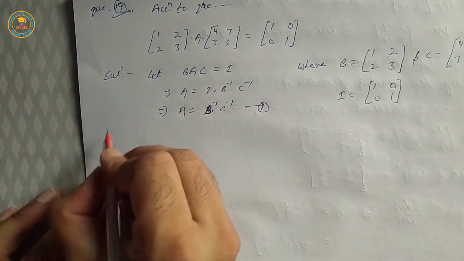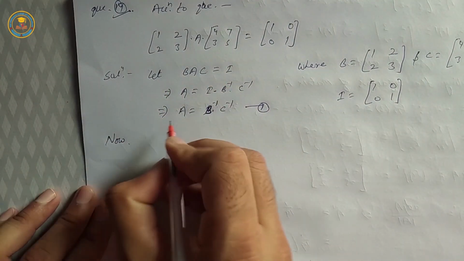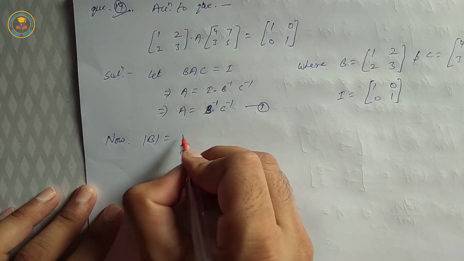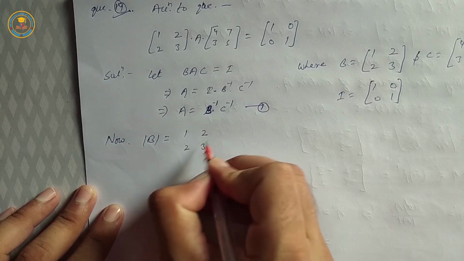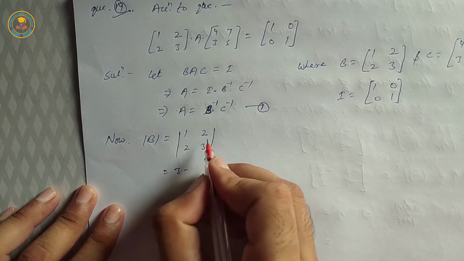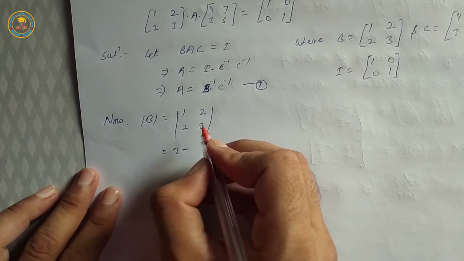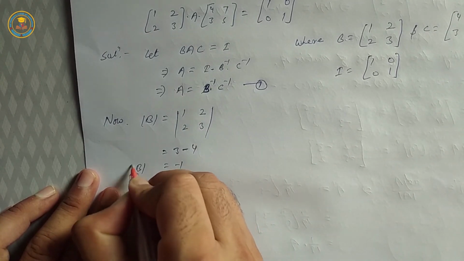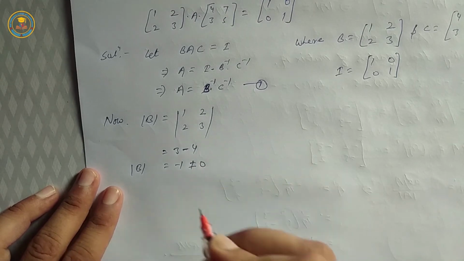Now determinant B is equal to |1, 2, 2, 3|, which is 3 into 1 minus 2 into 2, that is 3 minus 4, equal to -1. Determinant B is equal to -1, not equal to 0.